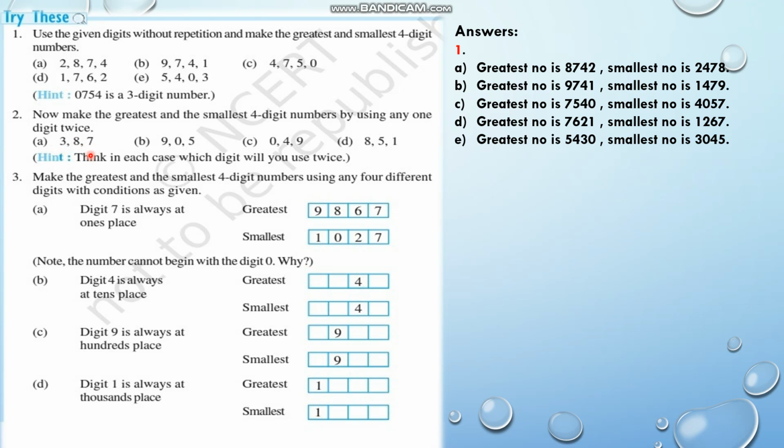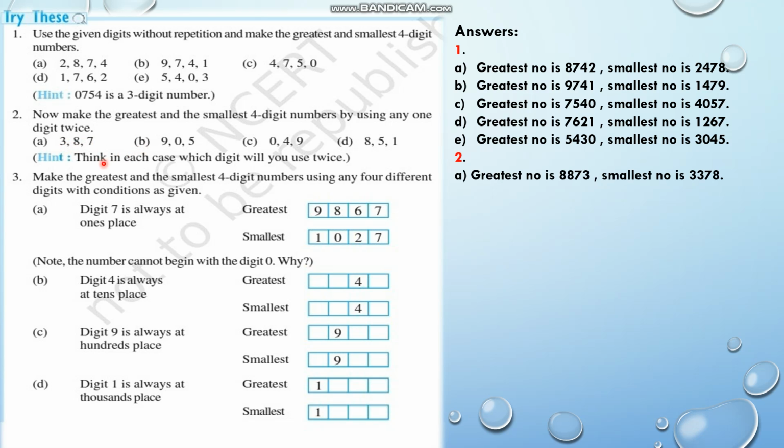To get the greatest number, you repeat the greatest digit twice. Here 8 is the greatest digit, right? So you can repeat the digit 8 two times. That is 8873, the greatest number.